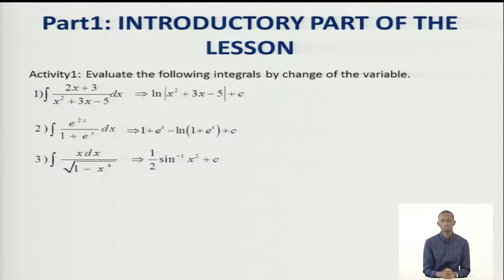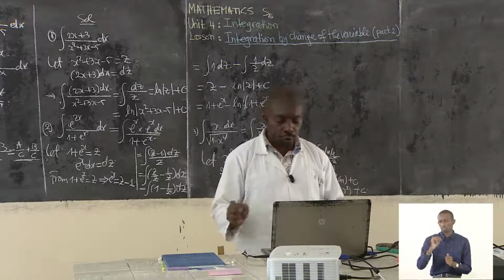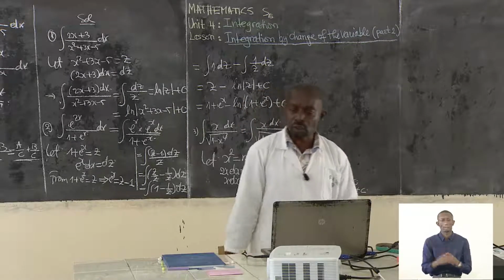So this time we're going to continue with the same method of integration by change of variable, but with a small change, of course, different from what we did before.